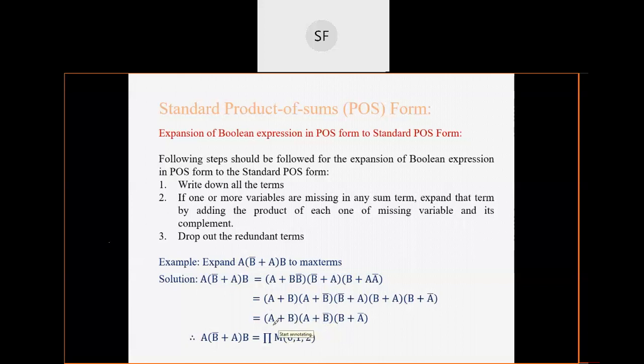So now here you have to take 0 0. So this max term becomes 0. So again here also 0 1. This becomes max term 1.